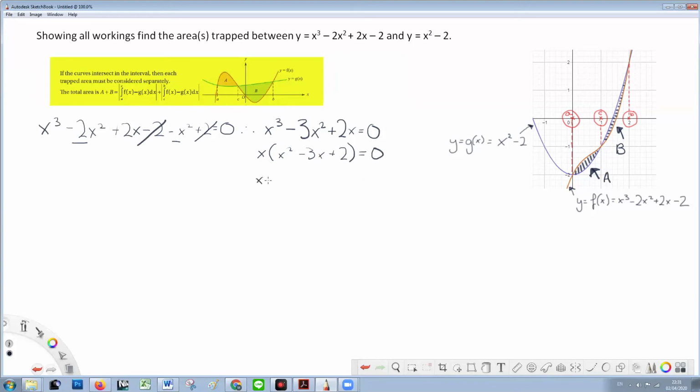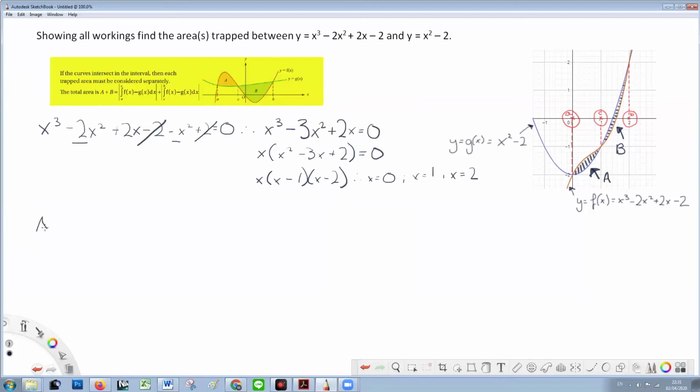So I can say x, then x minus 1, x minus 2, which means I have x is equal to 0, x is equal to 1, and x is equal to 2. Obviously I could find the y coordinates also, but I don't need to do that for this. I'm basically just looking for the x coordinates.